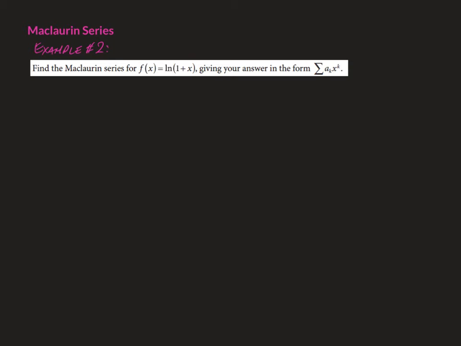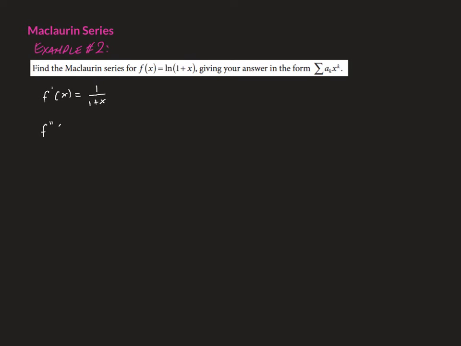The second example we have is the function ln of 1 plus x. Giving your answer in the form of a power series, we need to find the Maclaurin expansion of the function. So we are going to start finding the derivatives first. I know that f dash is going to be 1 over 1 plus x.